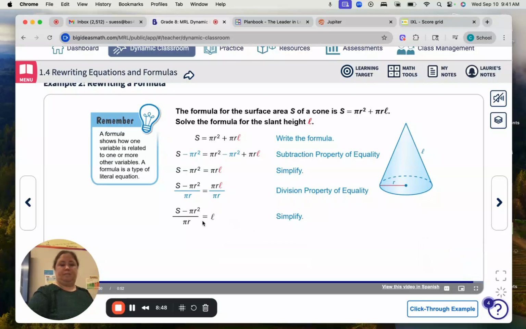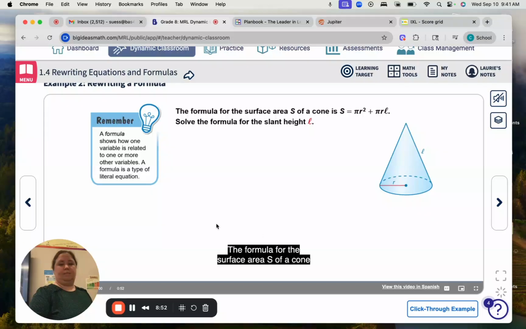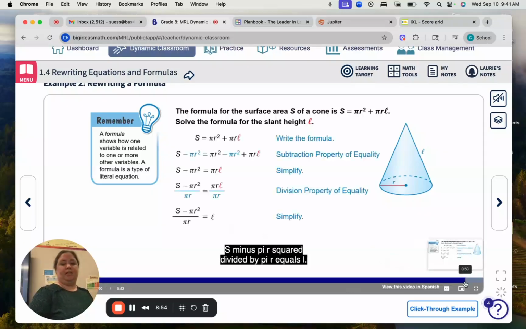Okay, so that's as simplified as it gets. You would leave it S minus pi r squared over pi r equals L. That's it. Done, because you solved for the variable you're looking for.